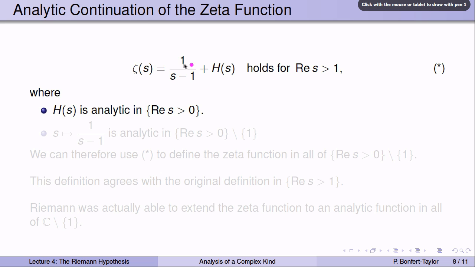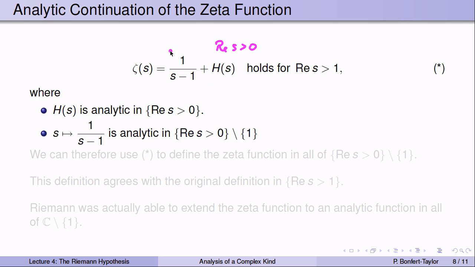So here again is this equation. Zeta of s is 1 over s minus 1 plus h of s, which holds for real part of s greater than 1. But h of s is actually analytic in real part of s greater than 0. This function here is analytic in the whole complex plane minus the point 1. So in particular, in real part of s greater than 0 minus the point 1.